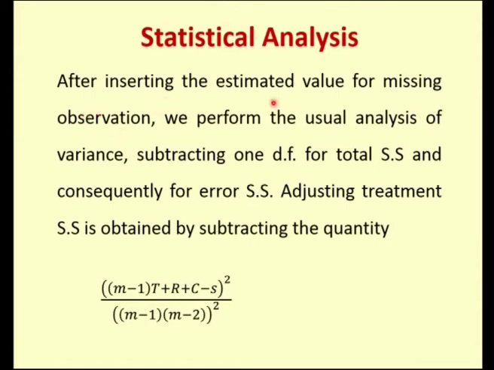After inserting the estimated value for the missing observation, we subtract 1 degree of freedom from the total sum of squares and consequently from the error sum of squares. We also have to adjust the treatment sum of squares by subtracting the quantity [(m minus 1) into t plus r plus c minus s] the whole squared, divided by [(m minus 1) into (m minus 2)] the whole squared.